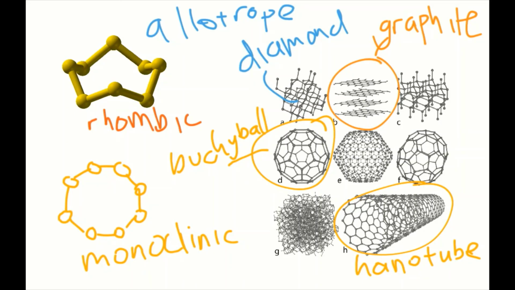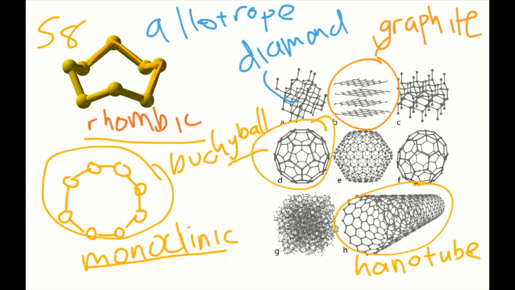For example, sulfur exists naturally as S8, but it exists in different forms, even though it has the same chemical formula, having 8 sulfurs. They are shaped differently, which is why they're different. So S8 exists in 2 forms, in a rhombic form, which is kind of bent, and in a monoclinic form, which is basically just a flat octagon.